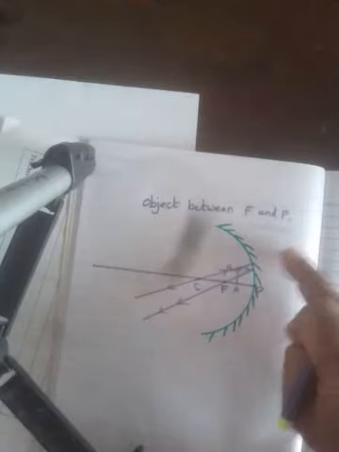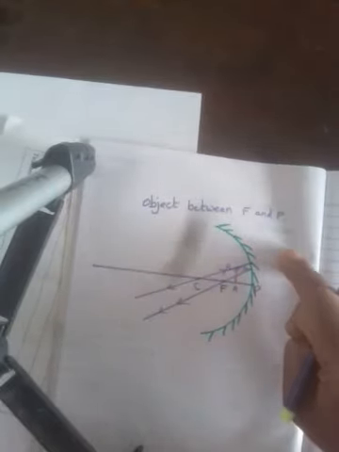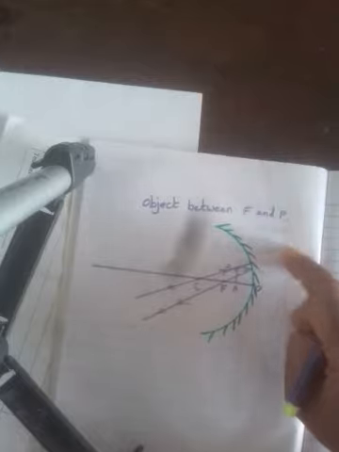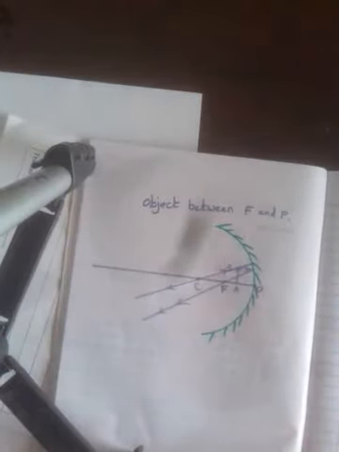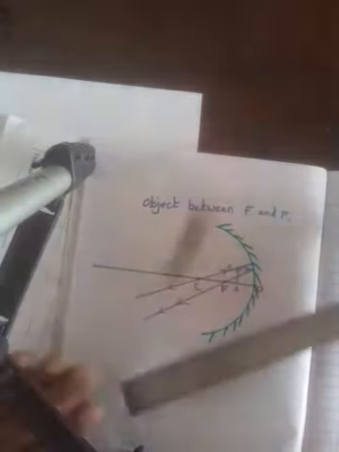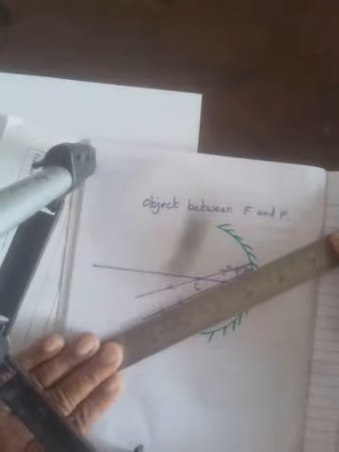This side they won't meet, but if you produce them behind, they will meet. So it forms a virtual image. I'll just show it to you. I will produce both these lines behind.